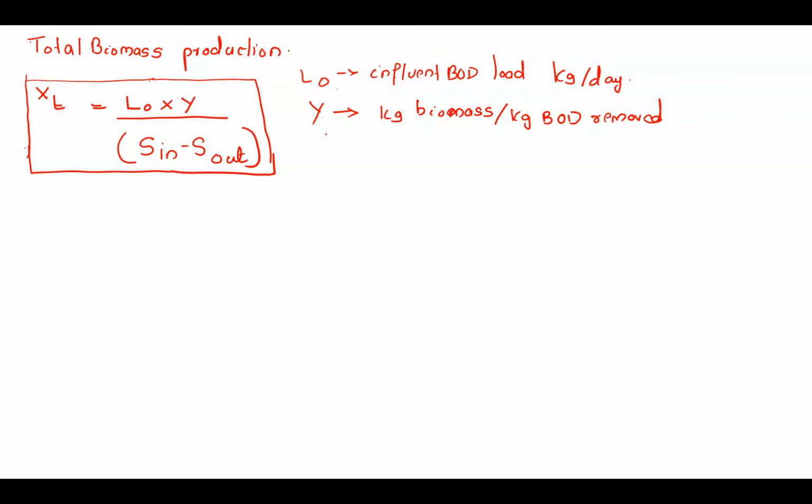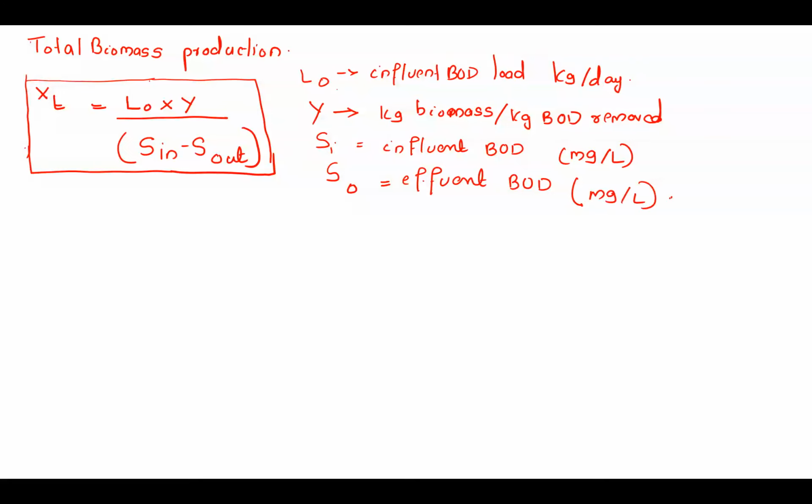And then Si is the influent BOD concentration, which is in mg per liter. S out, that is effluent, is also in mg per liter.